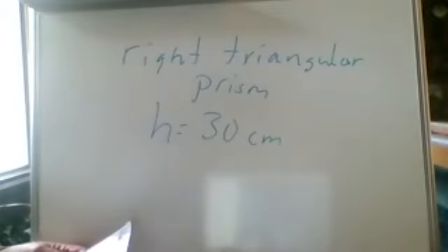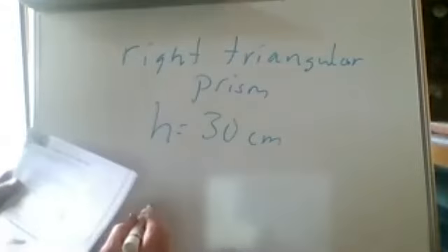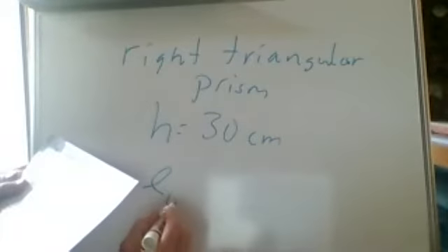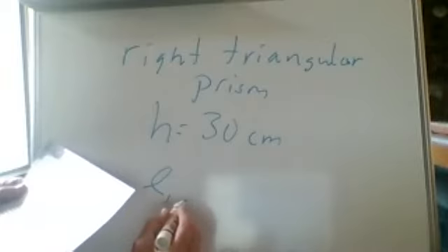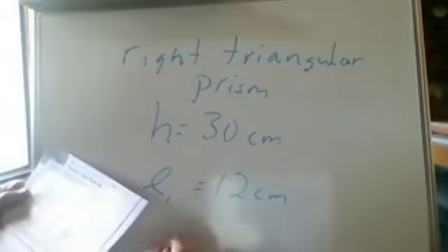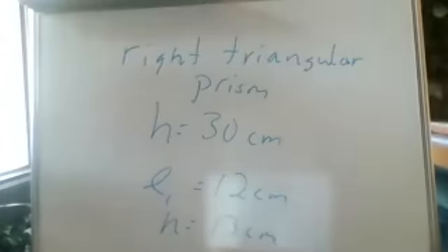Obviously, that's why it's called a right triangular prism, with a leg. So basically, we'll call that one leg. Leg sub 1 is 12 centimeters, and the hypotenuse is 13 centimeters, okay?